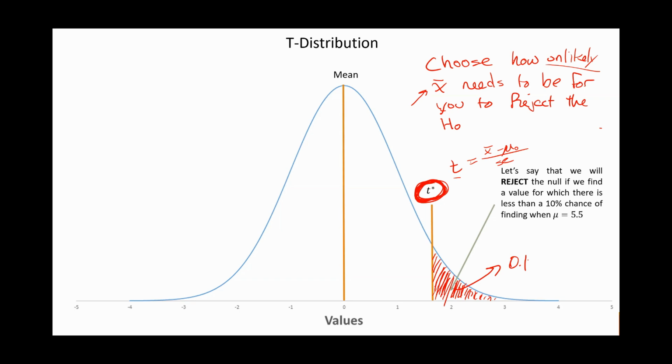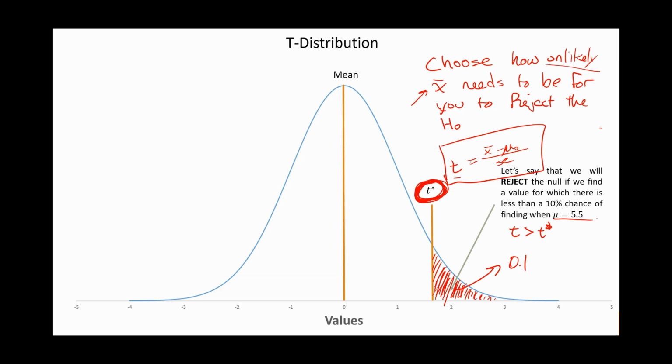If that's the case, then we would say we will reject the null whenever our t-statistic is greater than T star, which means that there is a less than 10% chance that we would see our t-statistic if the null is true.